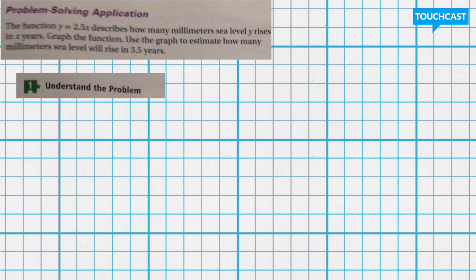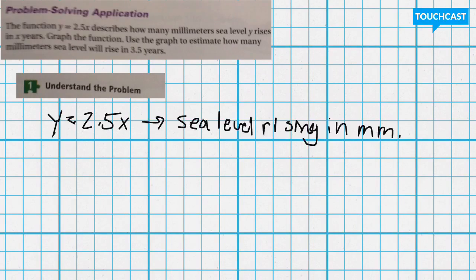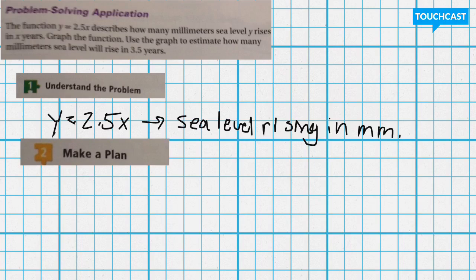Okay, now let's think of what the important information we know already is. We know we've got the function y equals 2.5 times x, and this represents the sea level rising in millimeters. Now we need to make a plan. We need to think, what values should I use to graph this function?